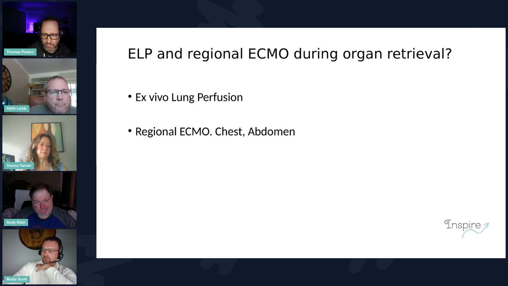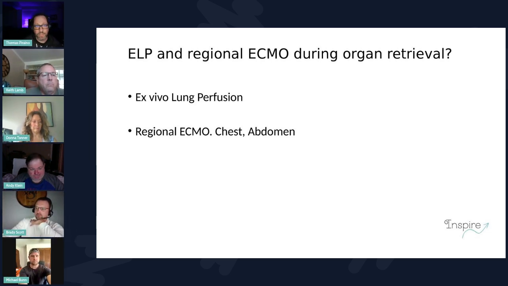I did a quick literature search earlier and found a randomized trial looking at conventional management. Keep in mind this study was done in 2010, when conventional management for lung transplantation was still using higher tidal volumes, because they were trying to expand and optimize these lungs by older school methods.